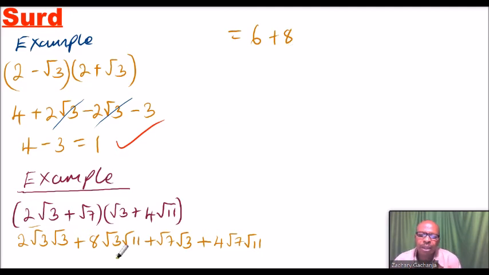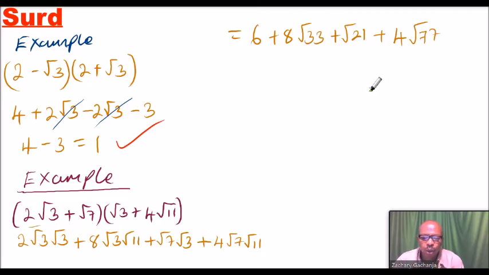We combine root 3 and 11, and we multiply 3 times 11, and that will be root 33. Then we come to this one. We combine the root of 7 multiplied by the root of 3, the root of 21. Then we have plus 4, we combine the root of 7 and 11. That will give us the root of 77.